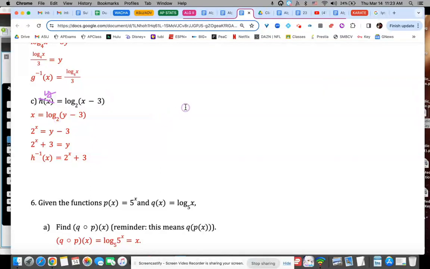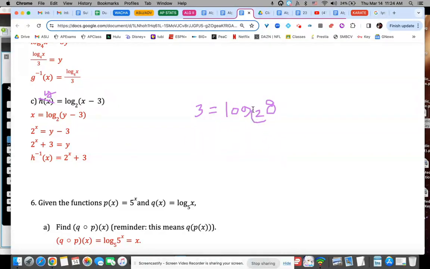Now, why does that work? Let me do a little side note real quick. So if I put a 3 here and I had a log base 2, and I said this was equal to some variable, I'd have to ask you, what does y equal? You'd have to say 8, because 2 to the third power is equal to 8. So this is kind of what's going on when you look at a logarithm.